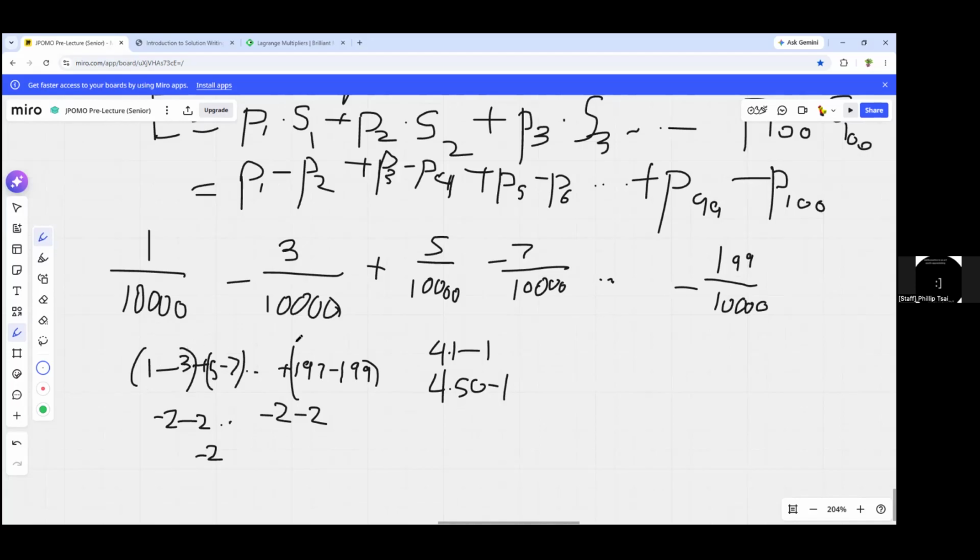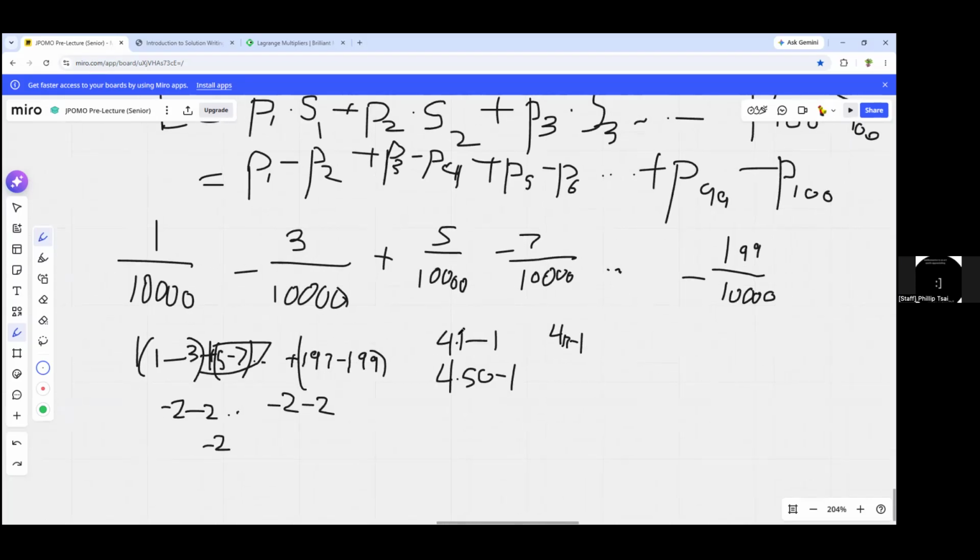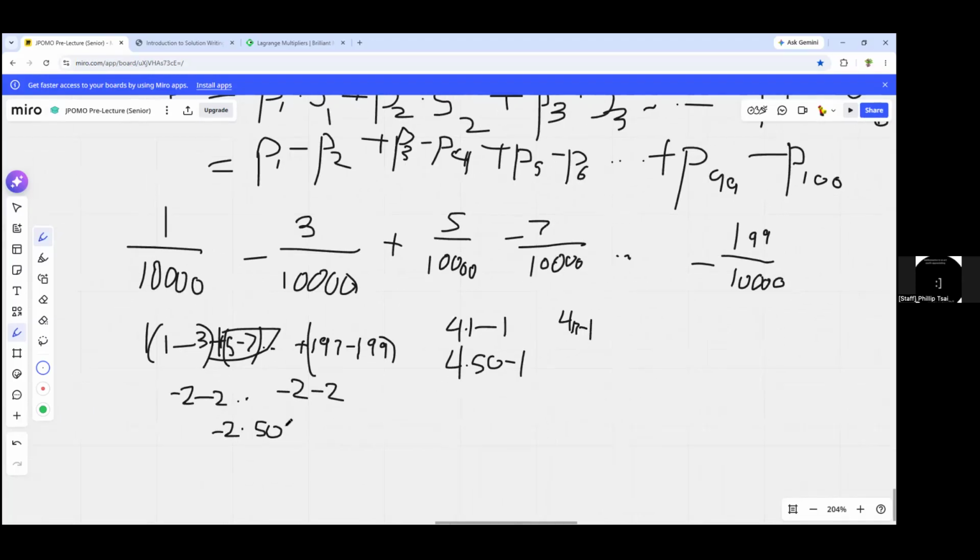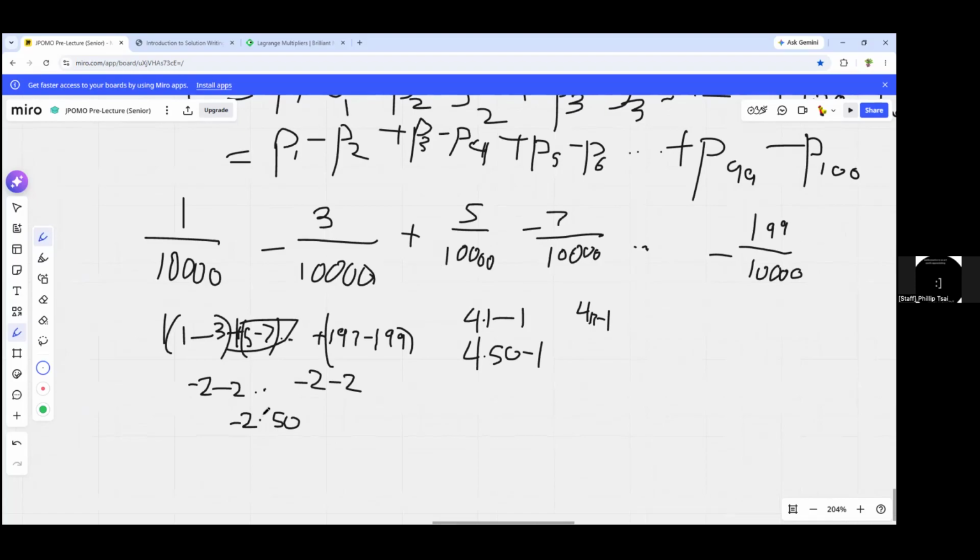So each 4n minus 1 counts the number of groups, as I like to call them. Since there are 1 up to 50, there are 50 groups. So the numerator here is negative 2 times 50.